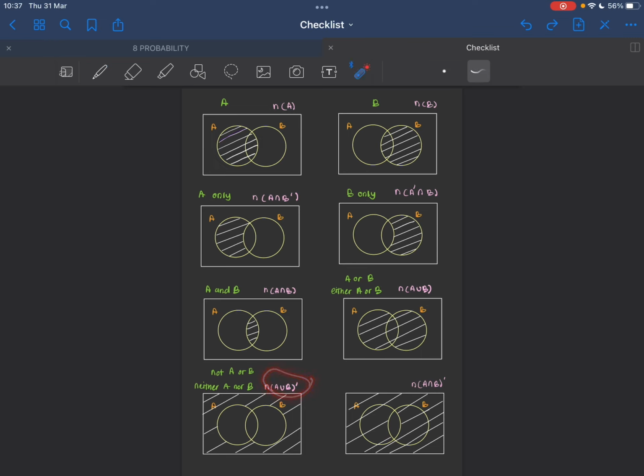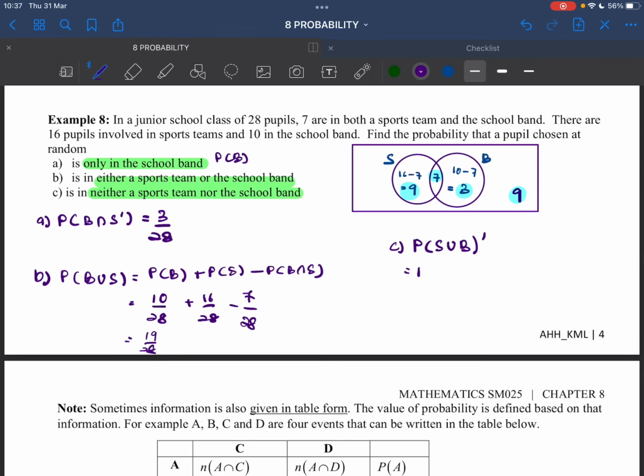So here will be P of (S union B), and we have the answer for P of (S union B); P of (B union S) is the same thing. So 1 minus 19 over 28. So that will be 9 over 28.